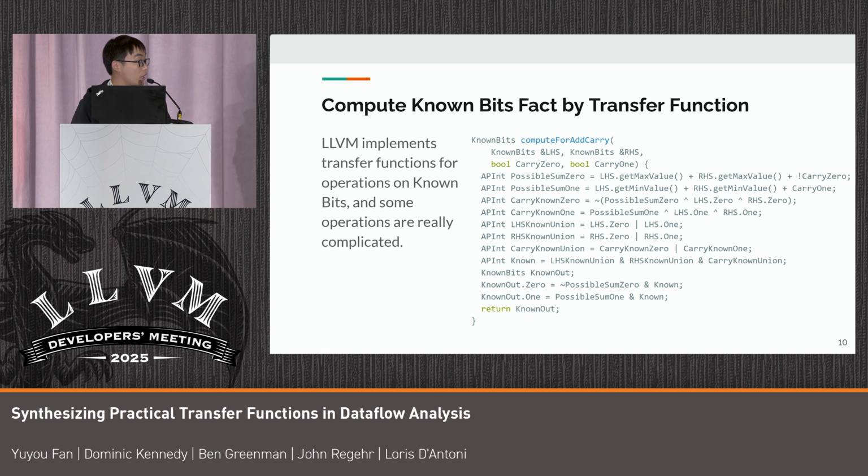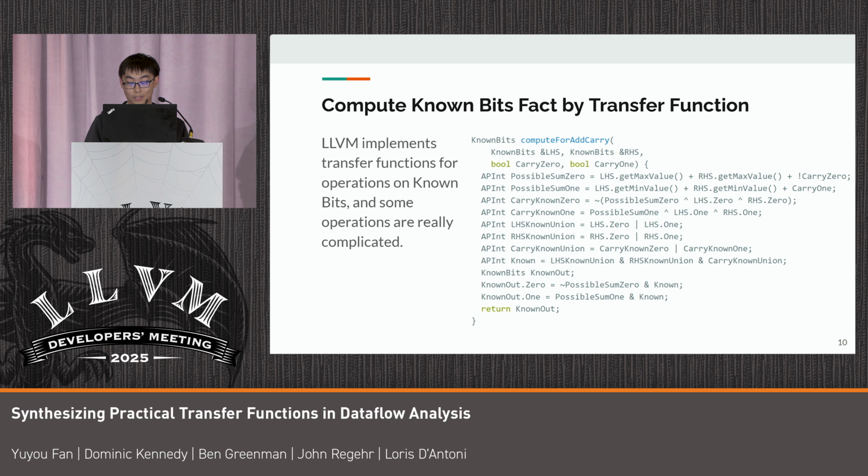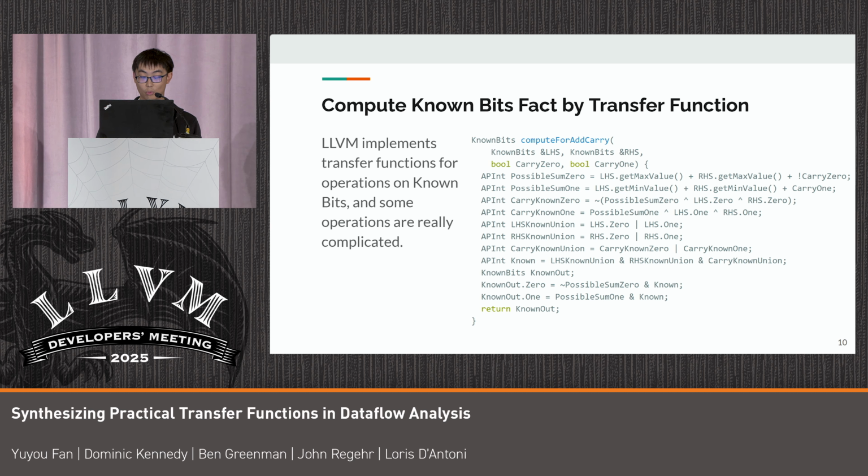LLVM also implements transfer functions for different operations on the known bits domain, and some of them are really complicated. This is an example about addition. Here I attached an example, compute for add carry. It's a utility function used by addition and subtraction. It still receives 2 known bits operands, and it calls functions get min value, get max value, and a combination of bitwise operations and returns the result.